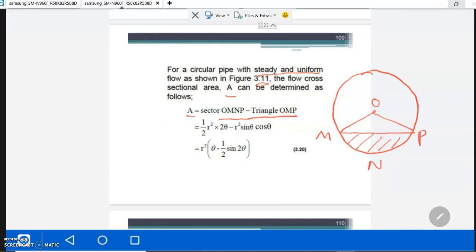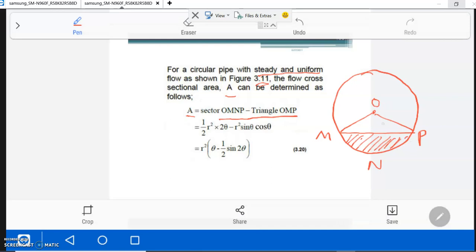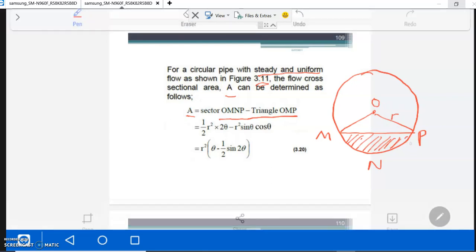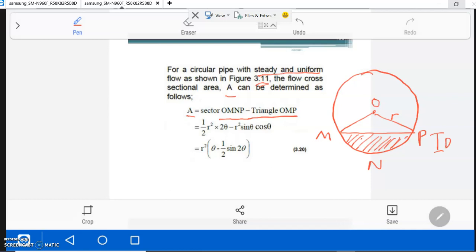Okay, so the level of the flow is flow rate. So how we need to determine the radius and then also the depth of the water. Okay, so we will apply the area for the sector OMNP.